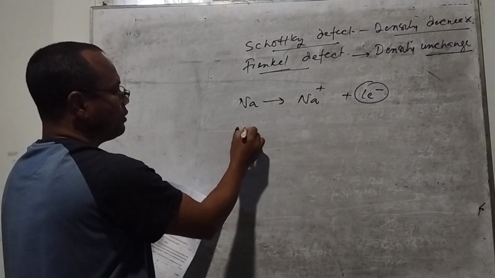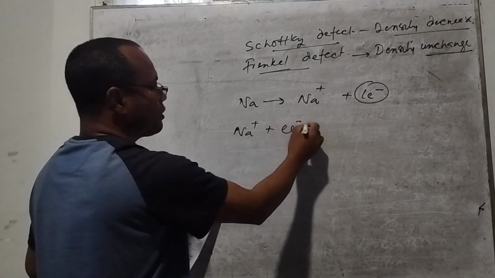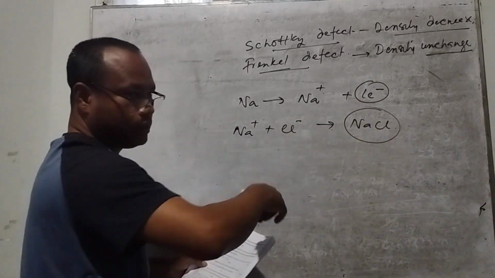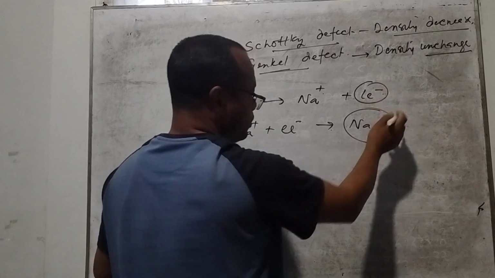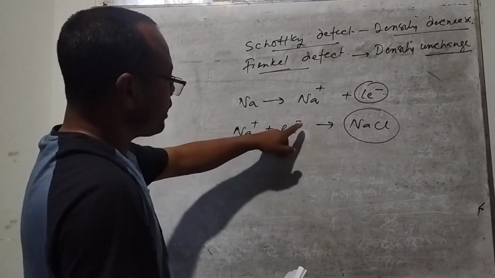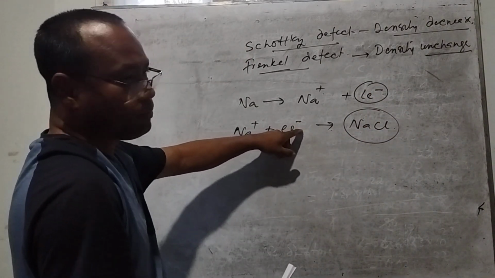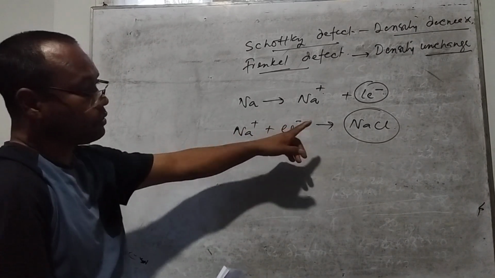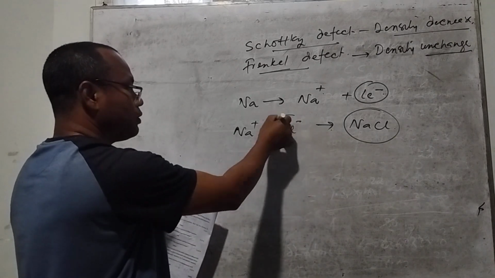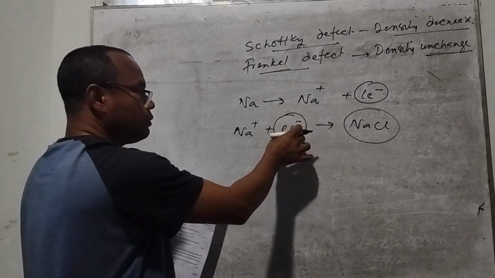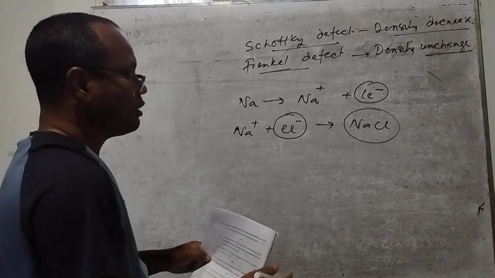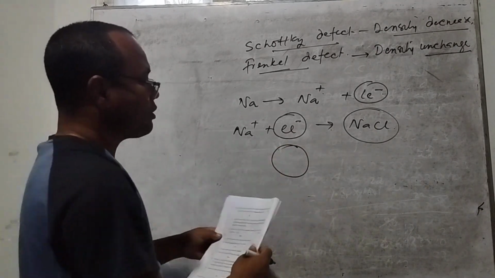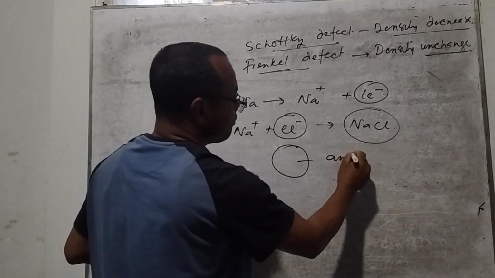That sodium ion combines with the chloride ion and forms sodium chloride on the surface. The place where the chloride ions were present is now empty. That vacancy we call an anionic vacancy.